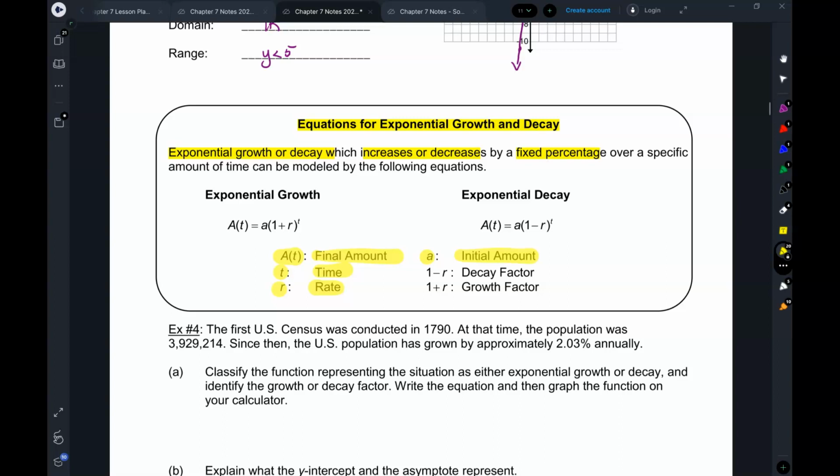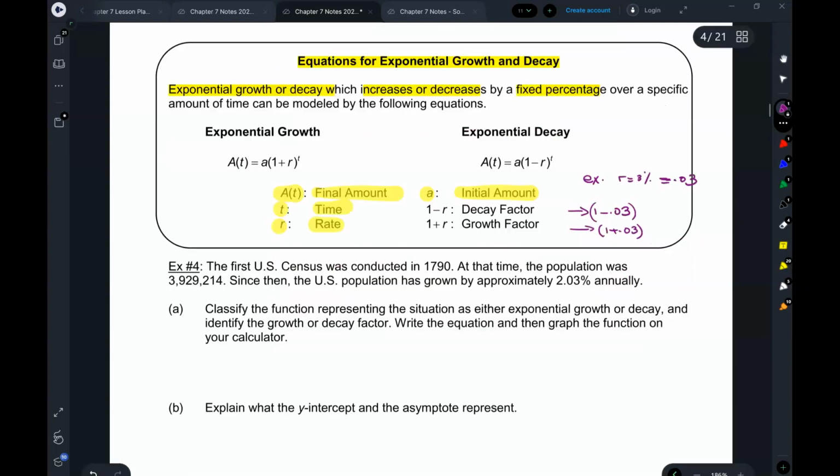So for example, if the rate is 3%, which is 0.03, the decay factor would be 1 minus 0.03. And then the growth factor would be 1 plus 0.03. Cool? Okay.